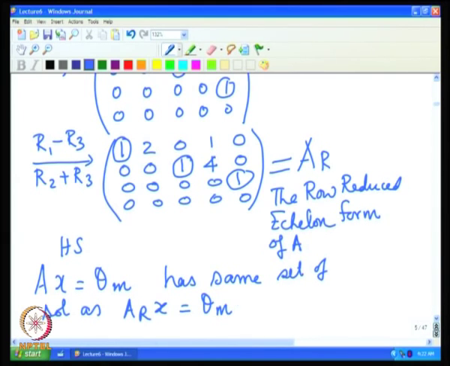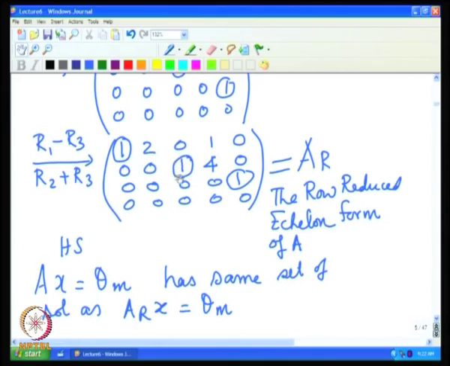Now, let us recall how we solve this row reduced echelon form A r x equal to theta m. We first identify the pivotal variables. The pivotal variables are the variables corresponding to the columns in which the pivotal ones appear. So, there is a 1 appearing in the first column here, so x 1 is a pivotal variable.